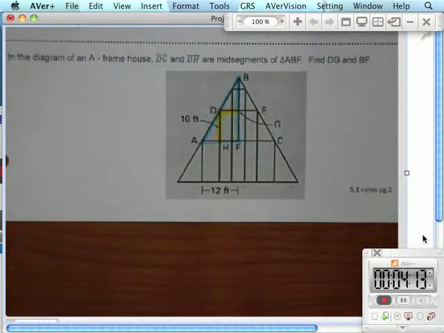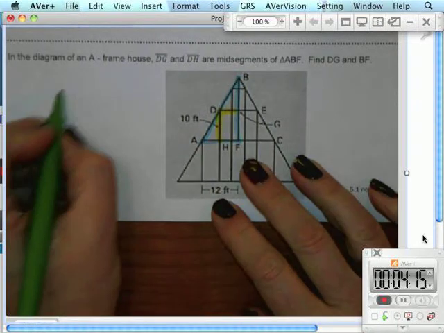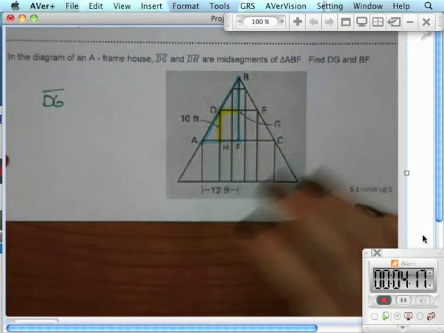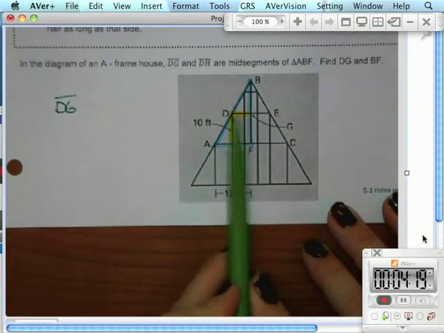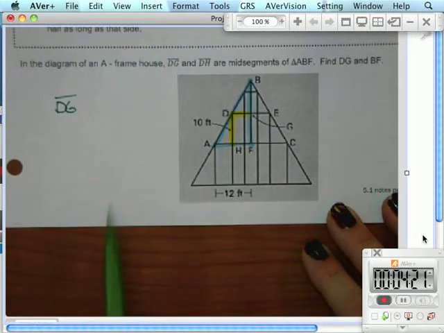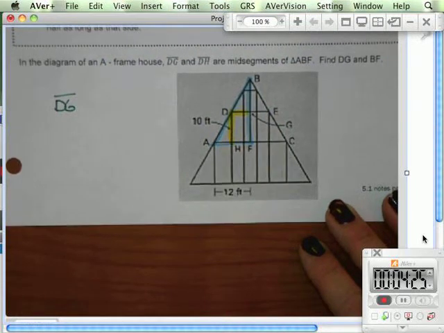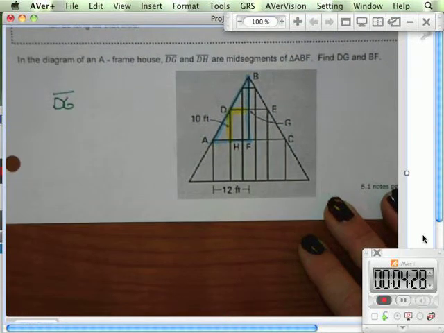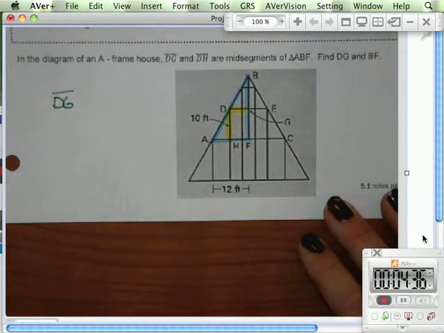So let's see if we can figure out what DG is first. So here's DG. You gotta look at the whole picture and figure out what can help you there to figure out what DG is. What do you think will help you with that? How do you know that? It doesn't say so. What's 12 feet?